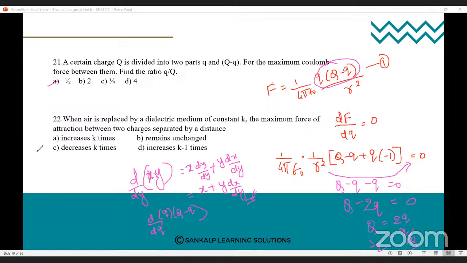When air is replaced by a dielectric medium of constant K, the maximum force of attraction between the two charges. So you have two charges here. Between the two there is no air. Air is replaced by some dielectric medium. A dielectric medium could be mica or any dielectric substance. When it is introduced, what happens to the force between them? That is the question.